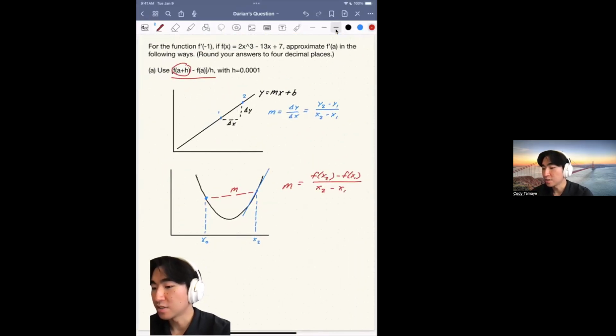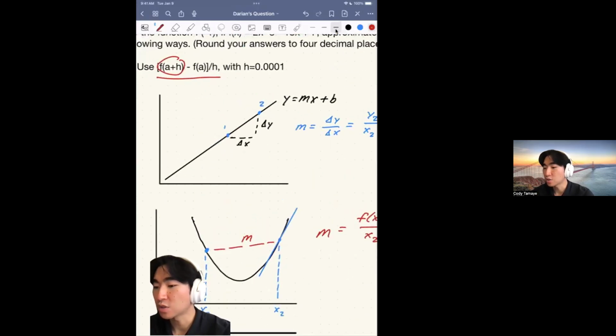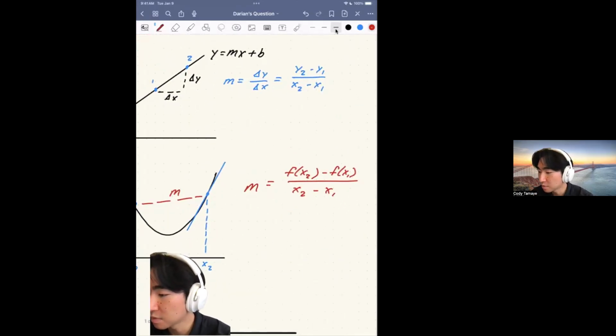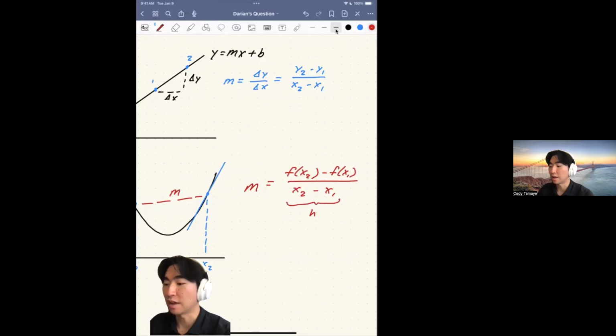The interesting thing is the value h represents some marginal gap between our original point and our next point, where h is representative of the difference in the x values.